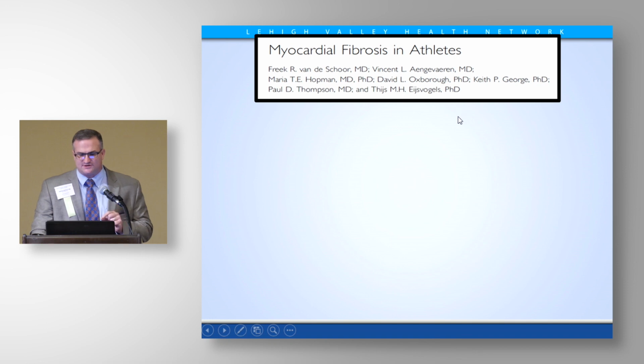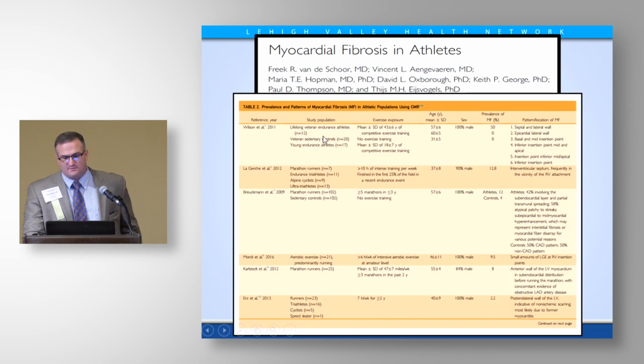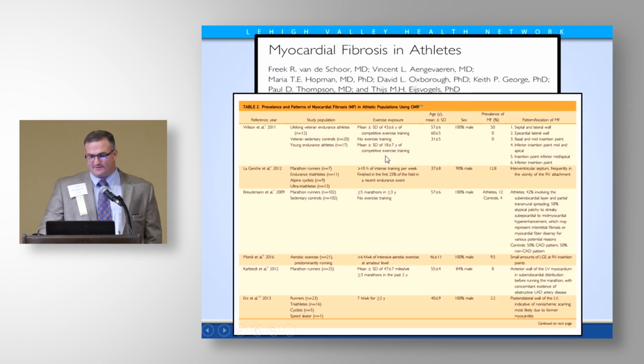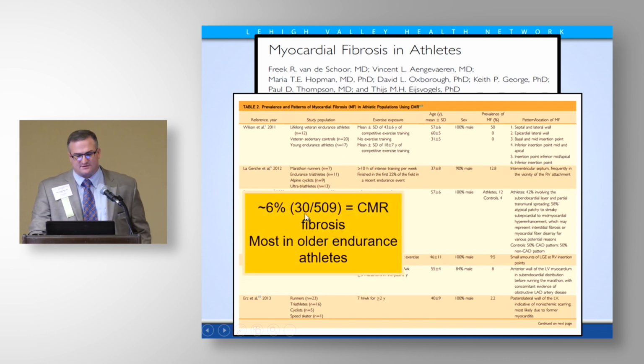Here's myocardial fibrosis in the athletes. It's a meta-analysis done by Paul Thompson and others looking at this. And what they found, if you put it all together, is that MRI fibrosis is unusual. It's occurring in about 5 or 6%, mostly in the older athletes.